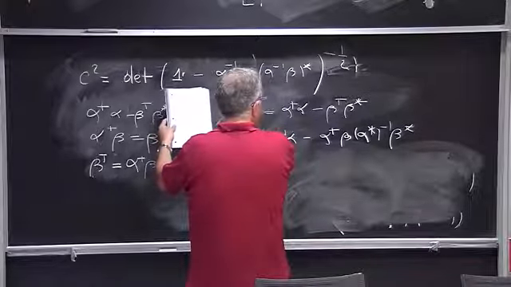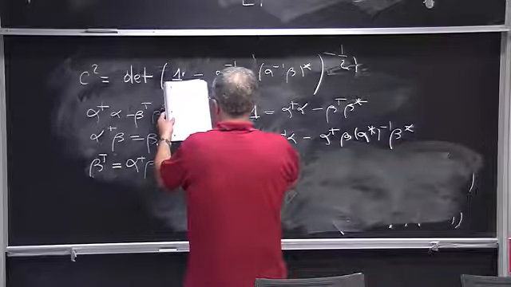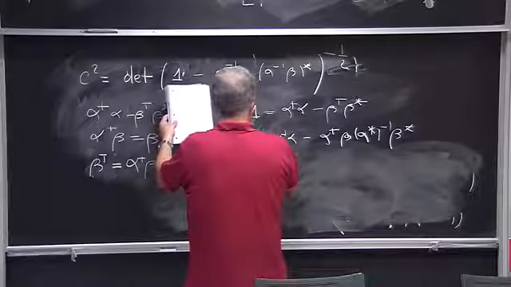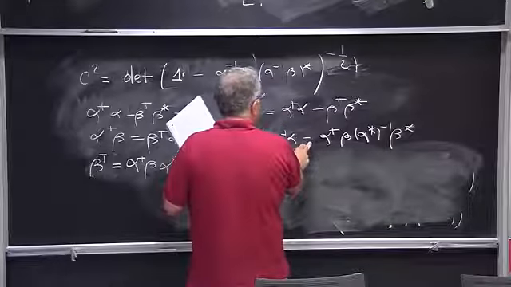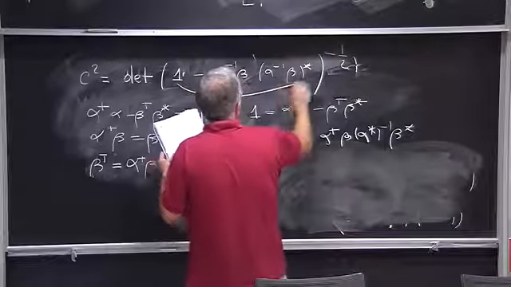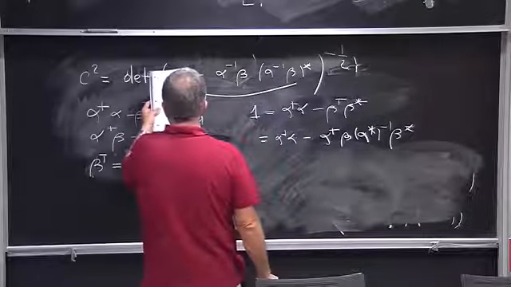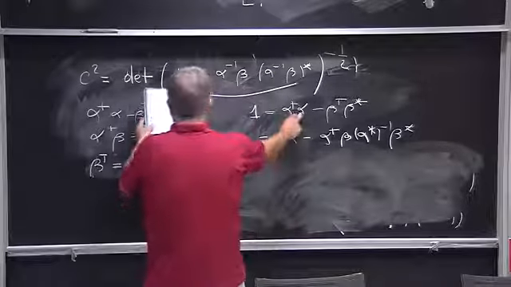Is this minus or plus? So this quantity here, I don't know why I get a minus now. We can replace this quantity, verify this as an exercise, simply by alpha star alpha.